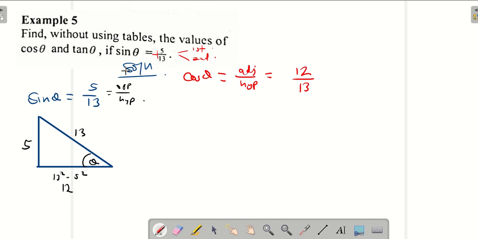So this gives you a clue that because sin theta is positive, theta is in the first quadrant or the second quadrant.